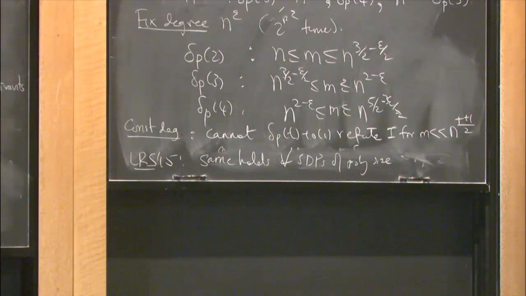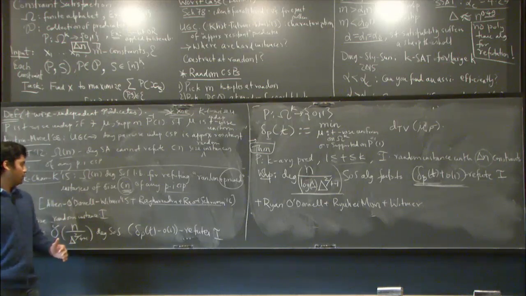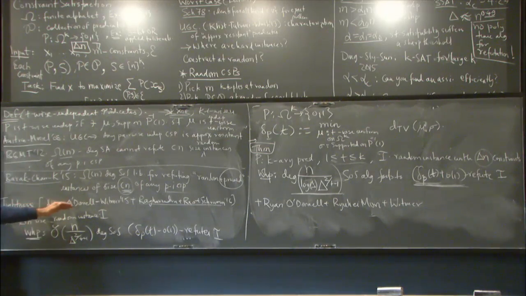So basically what you're saying is that the important parameter is t. Yes. The predicate itself doesn't matter, just what distribution it supports. Precisely. Can't you just take some predicate and reduce it to that? That's a great question. For the purpose of refutation, essentially that's what the AOW paper invented. That's the idea of Allen, O'Donnell, and Witmer.